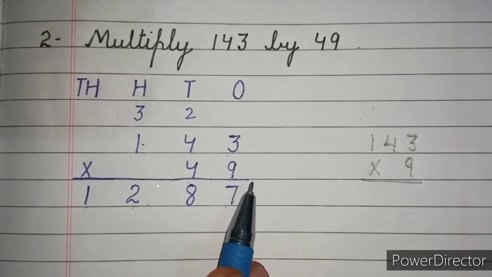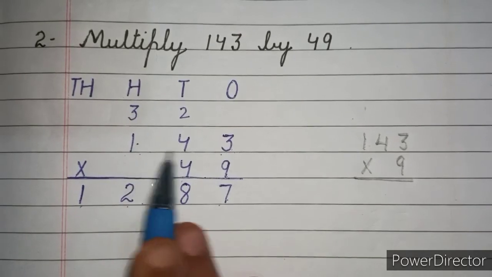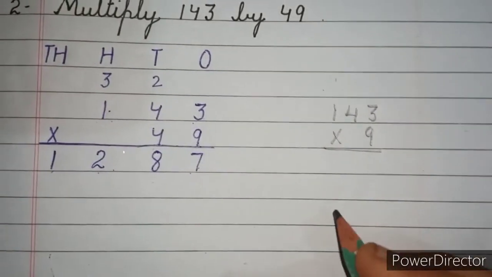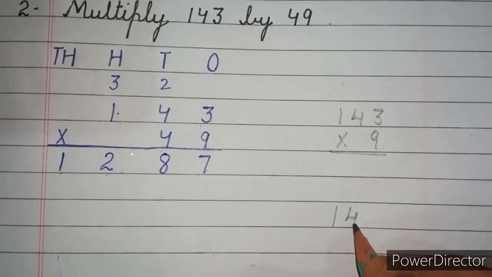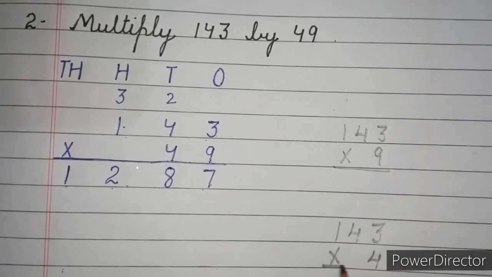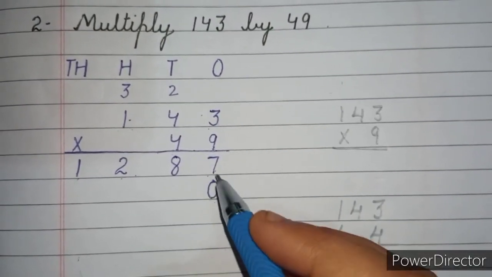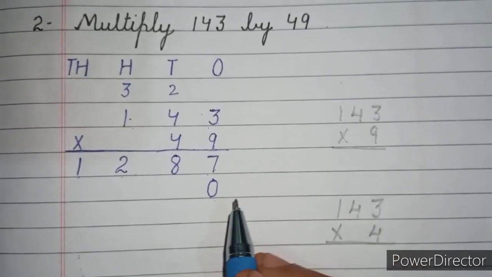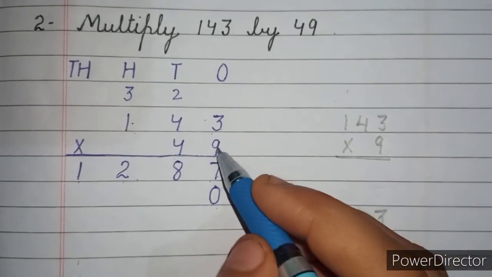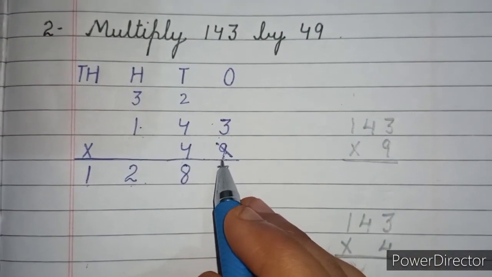Clear? Now we will multiply 143 by 4. First we have to put 0 or a cross under the 7 because we don't have to write any number here. Then this 9 we have to cut because we have already multiplied by this 9.